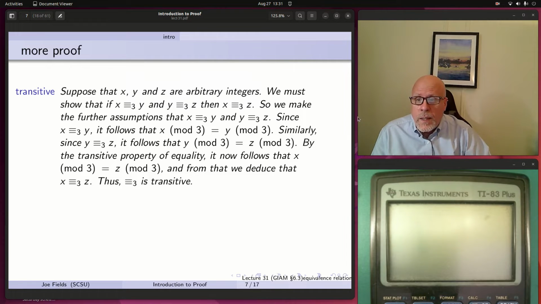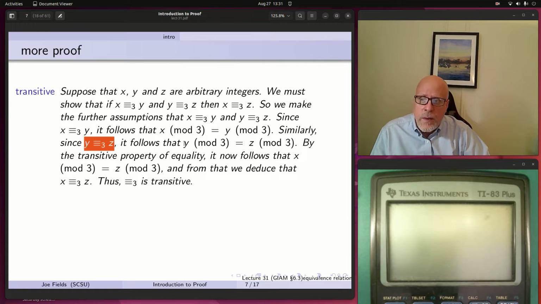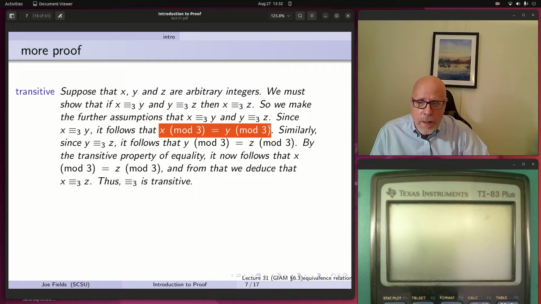So what does that get us? Well, that x and y are equivalent lets us write down this equality that x mod 3 and y mod 3 are the same. Similarly, since y and z are equivalent, we get this equality that y mod 3 and z mod 3 are the same. Now that pair of equalities involves x mod 3, y mod 3, y mod 3 again, and z mod 3.